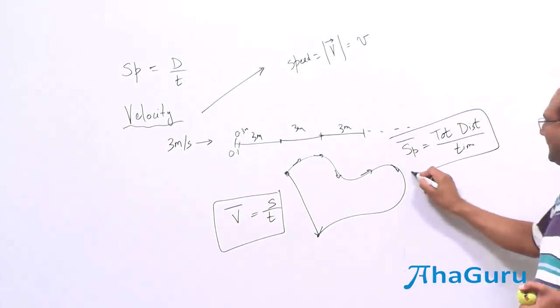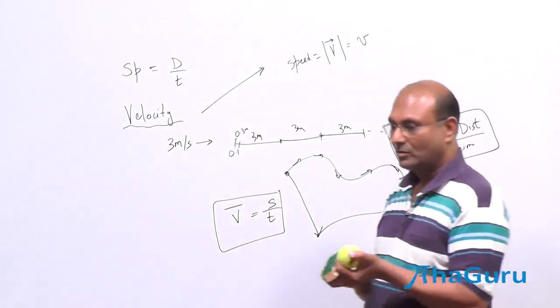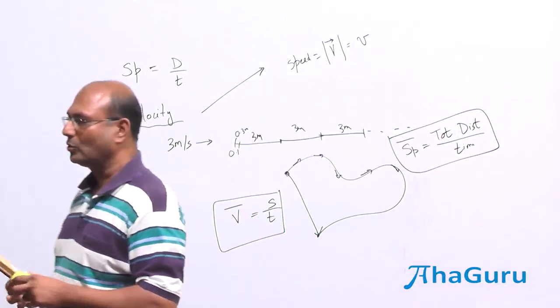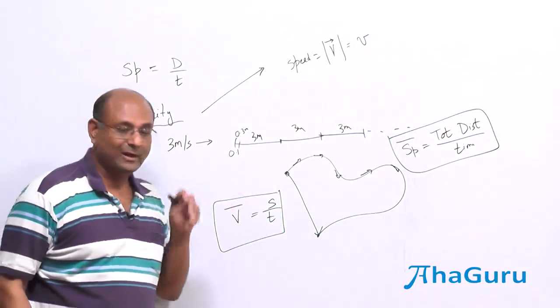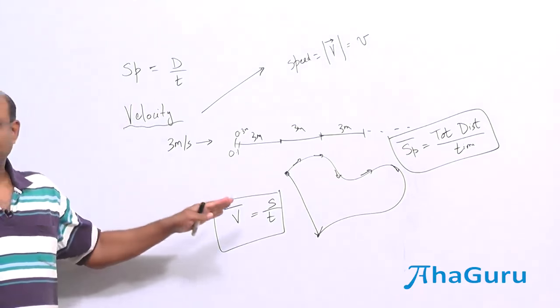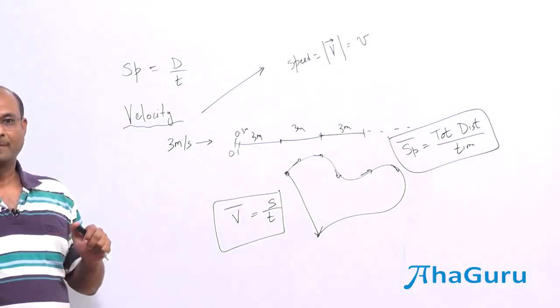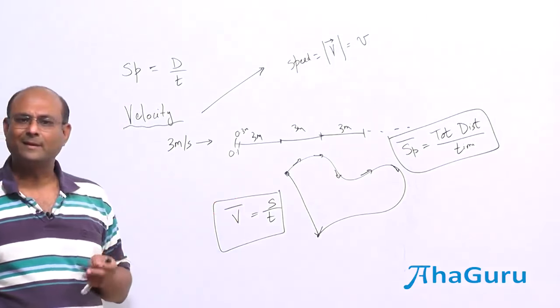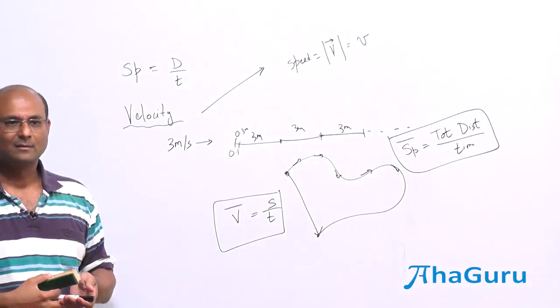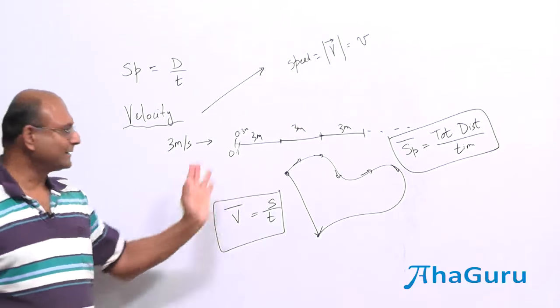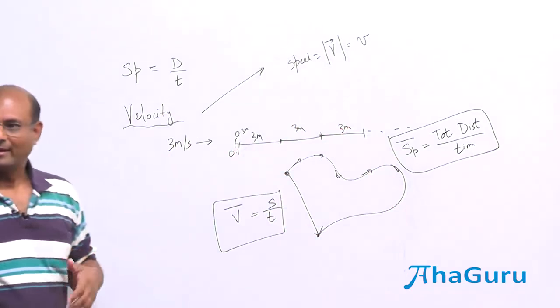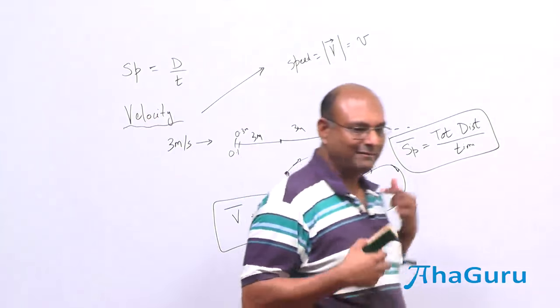So what is average speed? Total distance by total time. What is average velocity? Displacement by time. Why don't we say total displacement? Because displacement is total. If I go from here to there, I have a displacement.